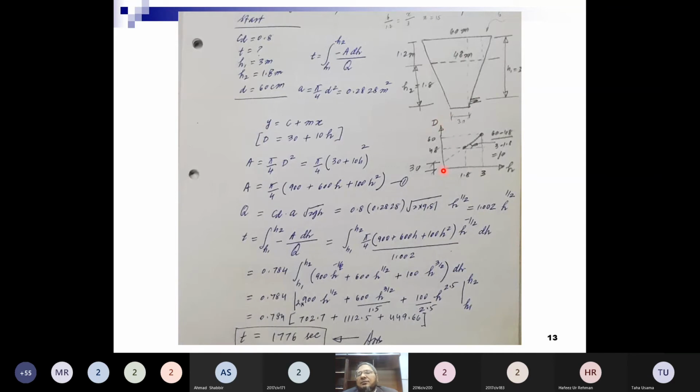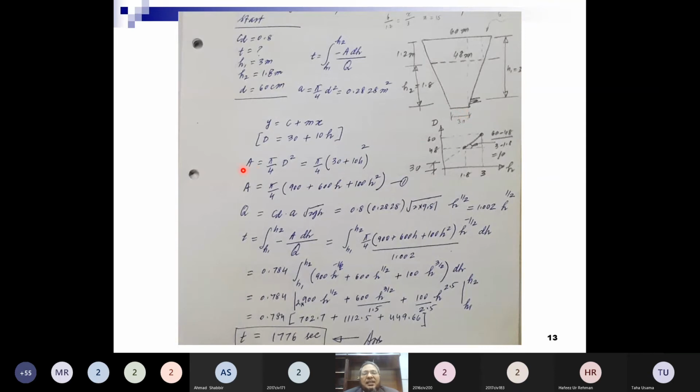Simply we can make a graph of the diameter of the reservoir against h. Let's say the graph is like that. The slope of this line is 10, and the y-intercept is 30. So the diameter you can write as 30 plus 10 h, where 10 is the slope. In this way you can write the expression for diameter in terms of h, the head.